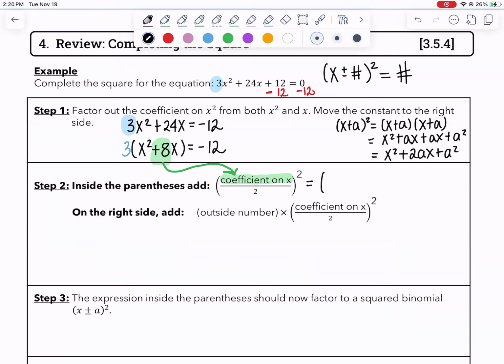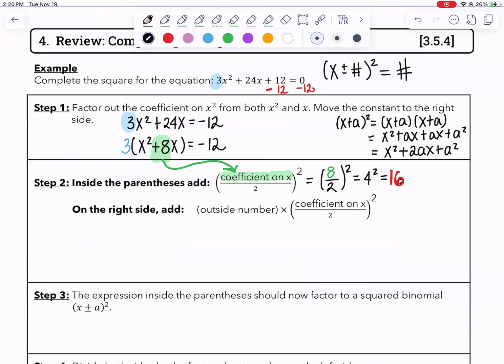So this is going to be 8 divided by 2, squared. So that's 4 squared, which is 16. I'm going to make this 16 red because we'll be using that. So if I do that, I have 3 times x squared plus 8x plus 16 equal to negative 12.